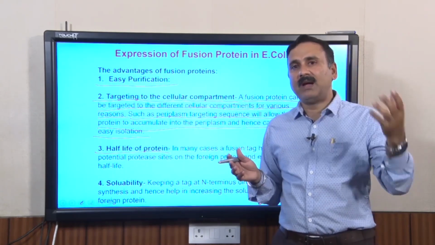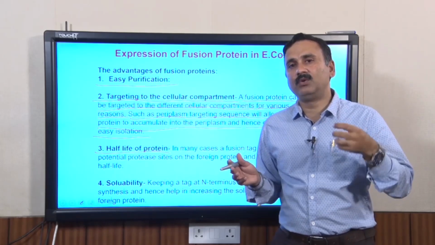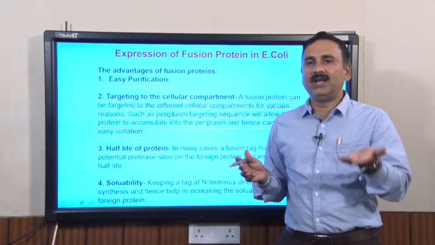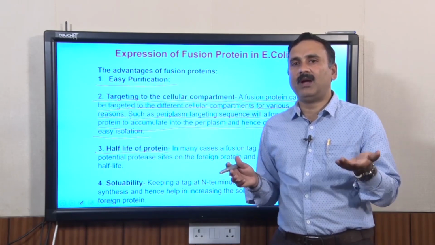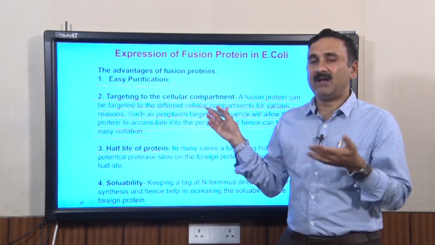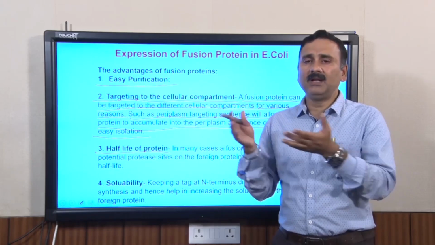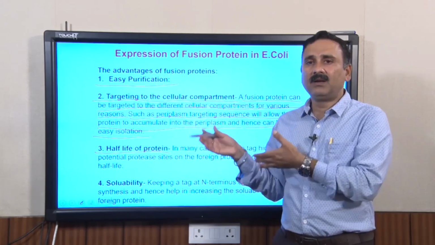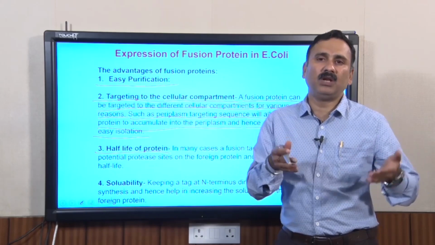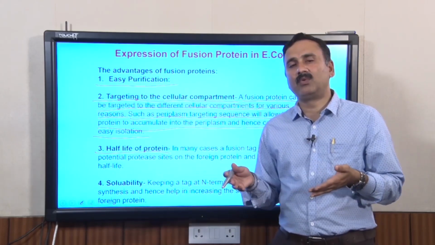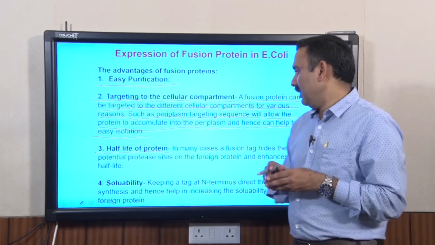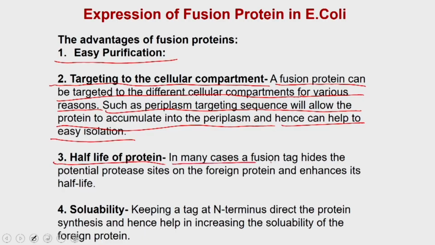In some cases, if you put the fusion tag at the N terminus, it enhances the overall half life of your chimeric protein, and as a result you have better survivability and stability of this protein within the cytosol. So, in many cases a fusion tag hides the potential protease site on the foreign protein and enhances its half life.